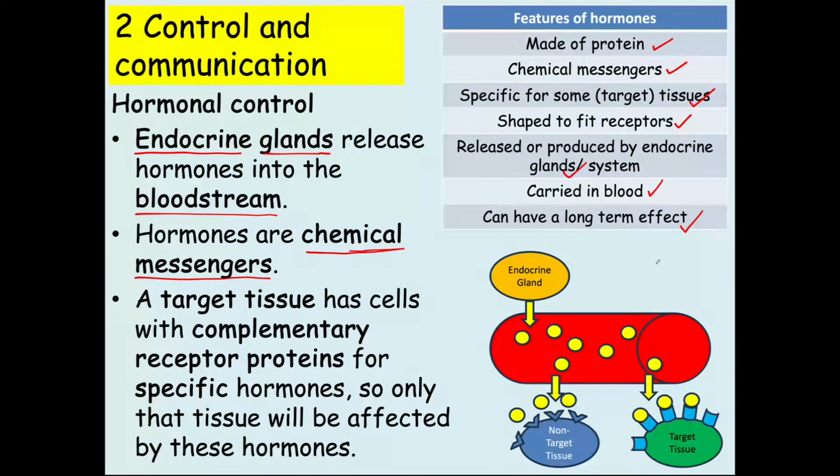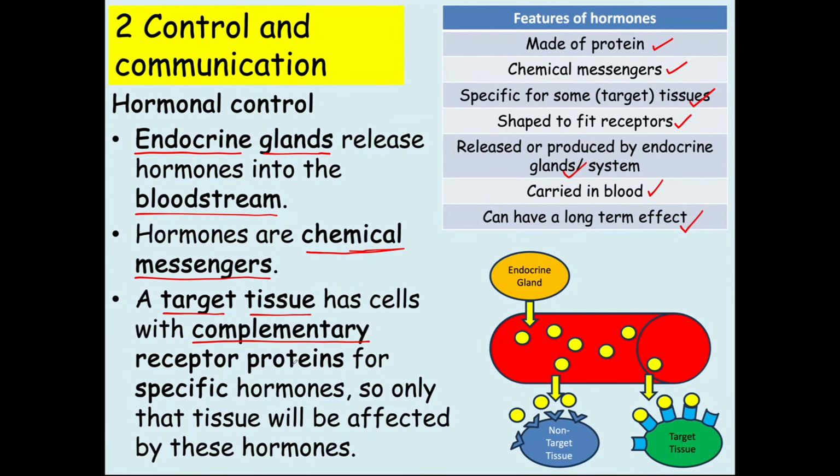So how do hormones get from these endocrine glands where they're released into the bloodstream to the places where they have to go to? Well, the places they go to are called target tissue. Okay, they're called a target tissue. And those target tissues have what are called complementary receptor proteins for specific hormones.